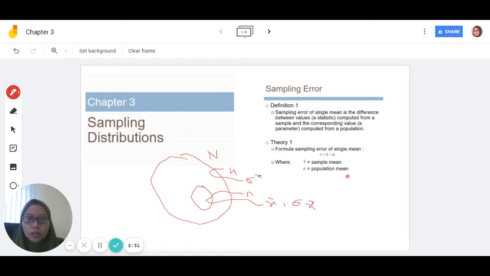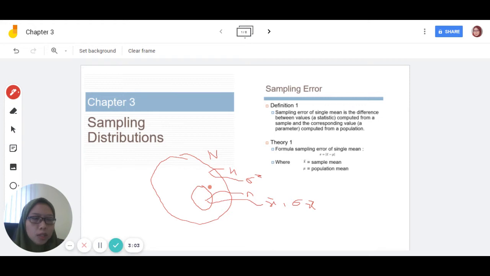When we take a sample, we can get the mean and also the variance of the sample, and then we can find the sampling error of the mean. By doing the subtraction of sample mean minus population mean, we get the error between the mean of the sample and the mean of the population.